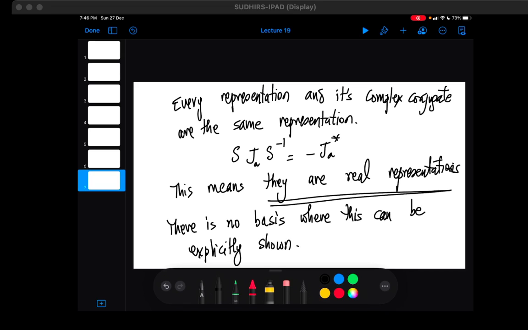That's the reason why they are called pseudoreal. The representations of SU2 are pseudoreal.